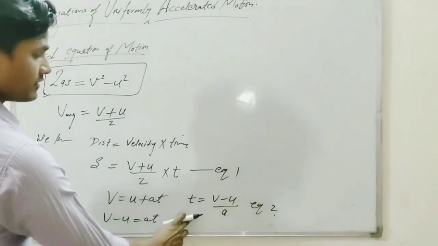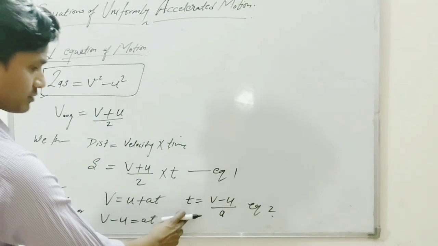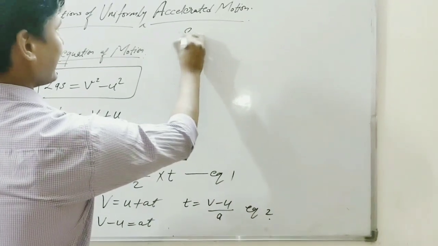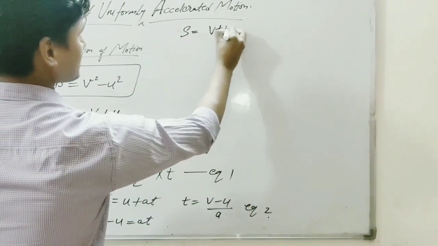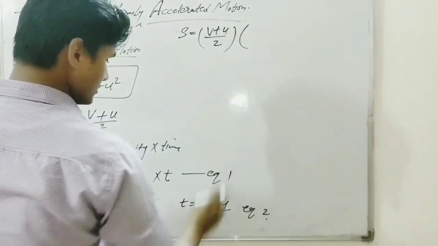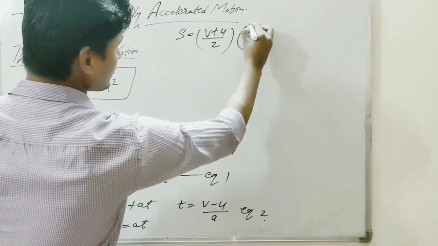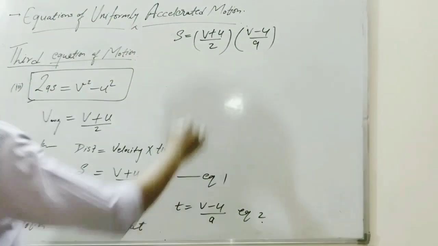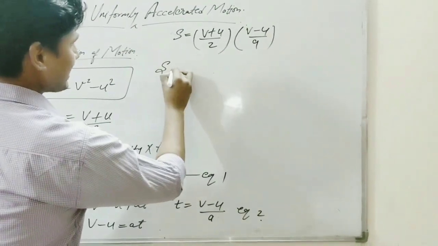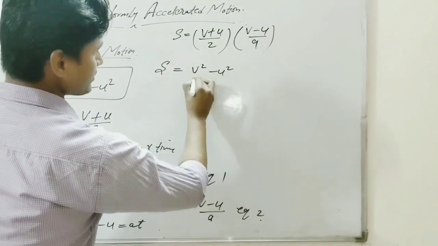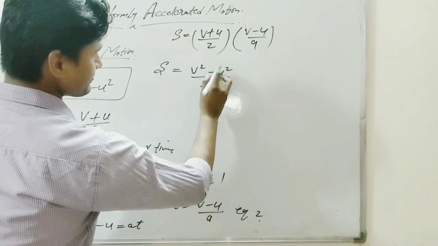Now we put the value of T from equation 2 to equation 1. We get S is equal to V plus U upon 2. The value of T is V minus U upon A. We can write it as V square minus U square upon 2A.